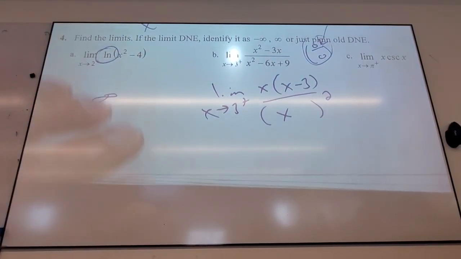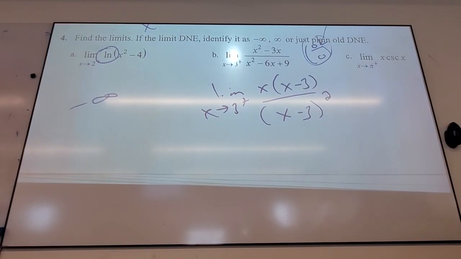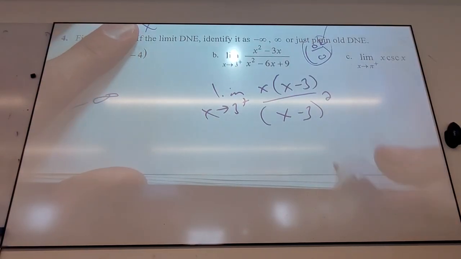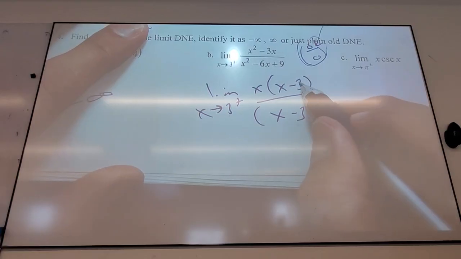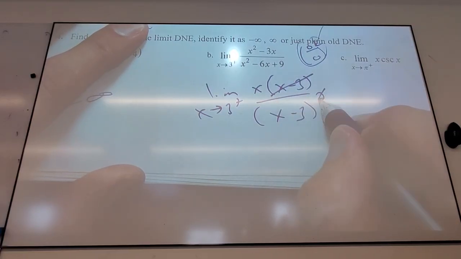Yeah, you get x minus 3 twice. So x minus 3 squared, yes? That's right. And then what happens? Cancel one of these out, yes?